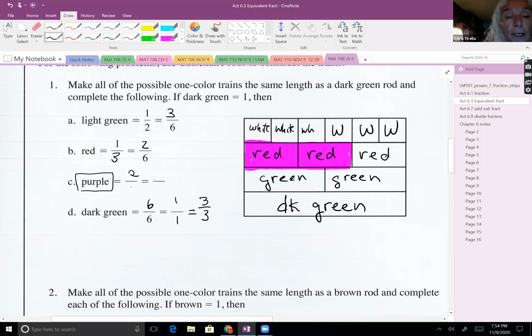So it would be 2/3, or if we look at it as being 4 units, it would be 4 out of the 6. And could you see lining these strips up to show that a red is 1/3 of the dark green, or 2/6, or so on, to show those equivalent fraction relationships?